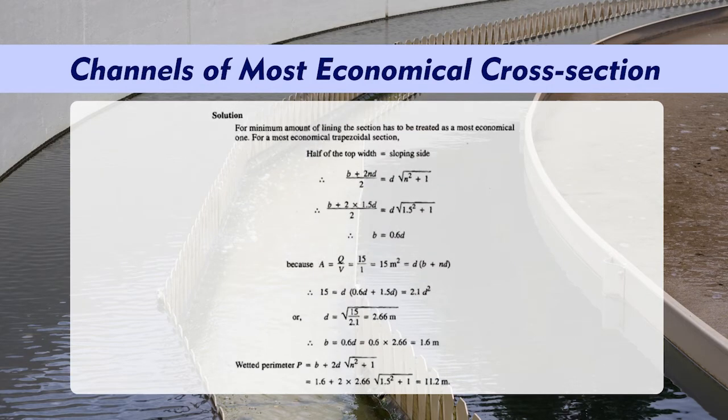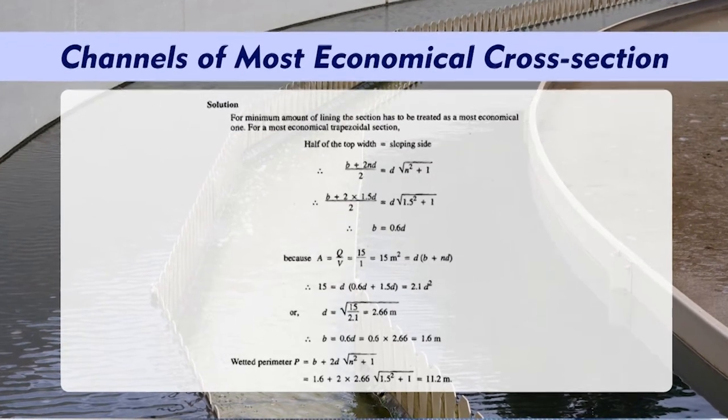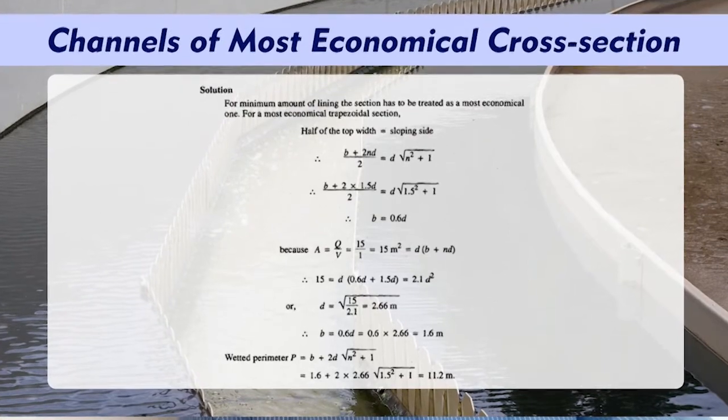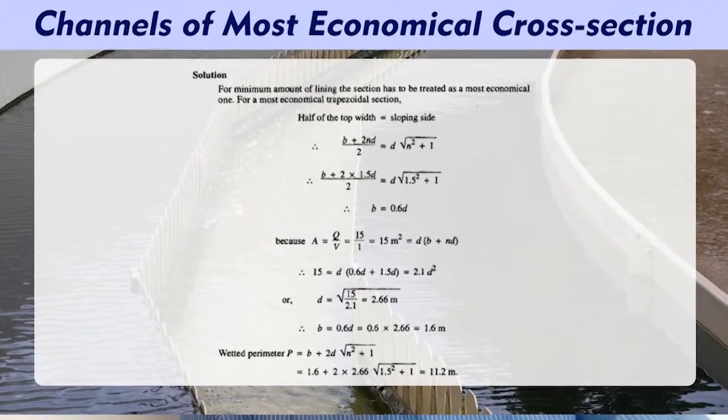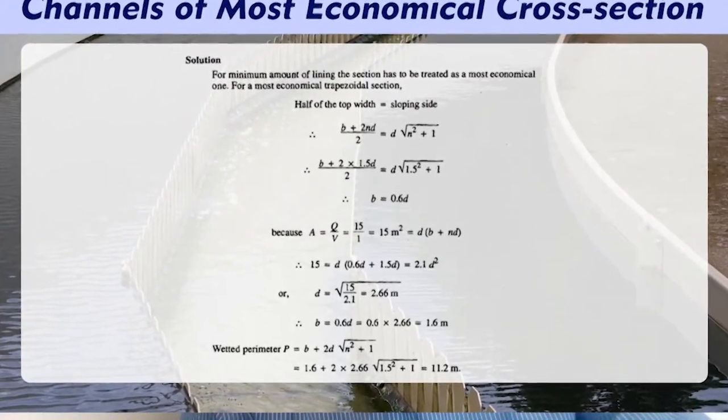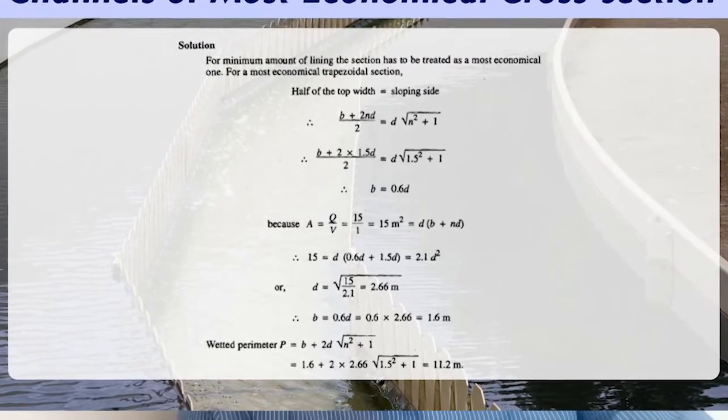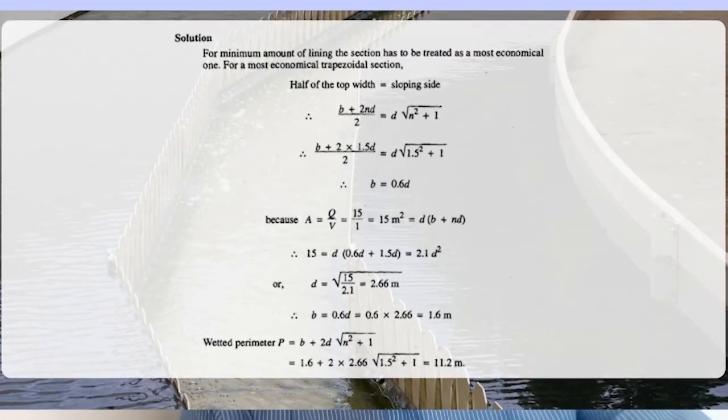Now solution: for minimum amount of lining the section has to be treated as the most economical one. For a most economical trapezoidal section, half of the top width is equal to the sloping side. So putting all the values, we find the relation B is equal to 0.6 D.